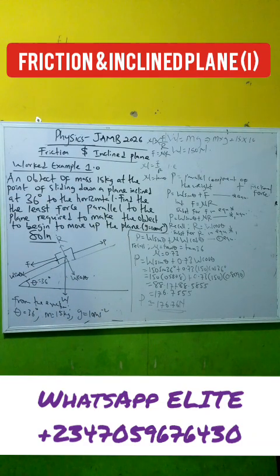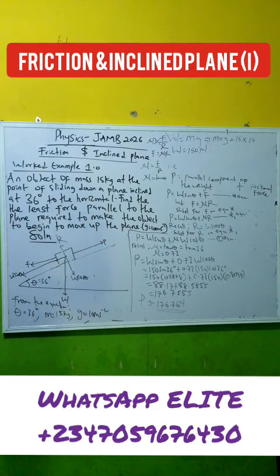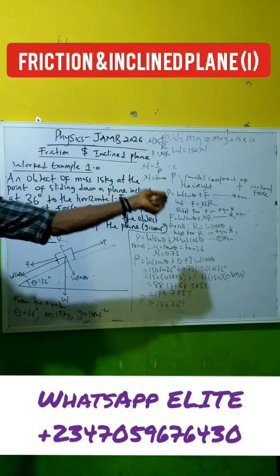Hence we say that the least force parallel to the plane required to make the object begin to move up the plane is 176.76 Newton. So that is the force required to pull it up. You understand?